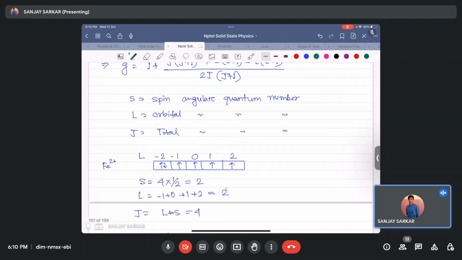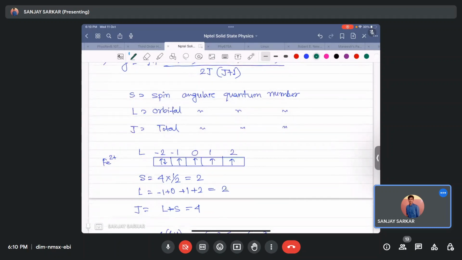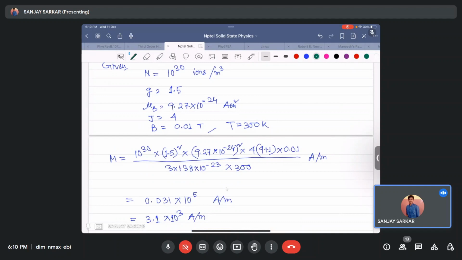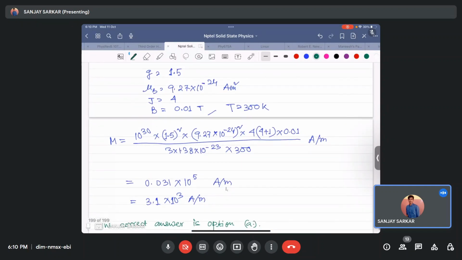So g is calculated by this electron configuration. Then we have put all the values which are given in the question. So that's how we can calculate the magnetization. Now let's move to the next question.